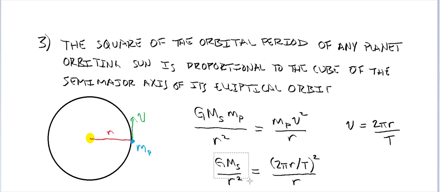What we're left with on the left is capital G times the mass of the Sun, divided by the orbital distance squared, is equal to v squared over r, but we just said that v was 2 pi r over T. So on the right side, we have the quantity 2 pi r over T squared in the numerator, divided by r in the denominator.